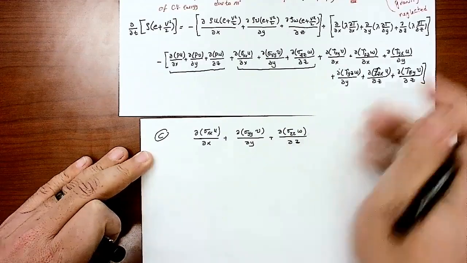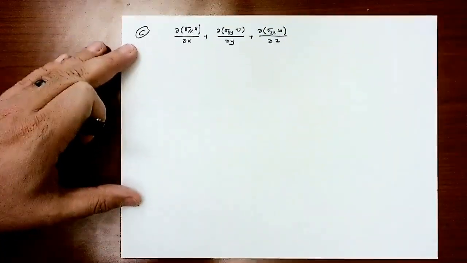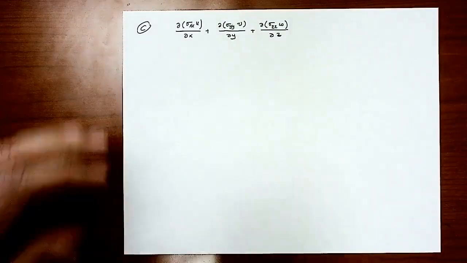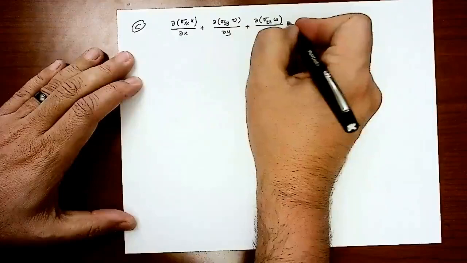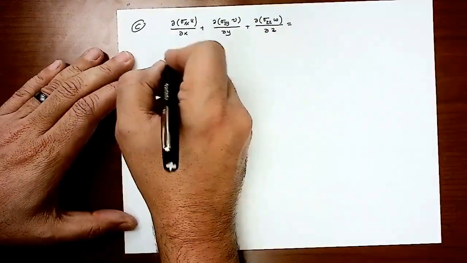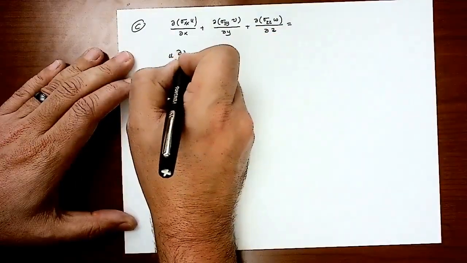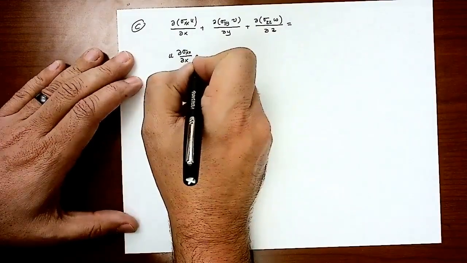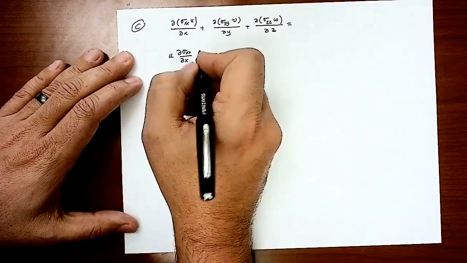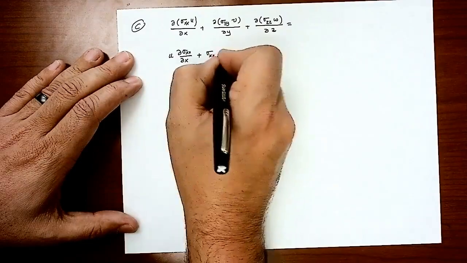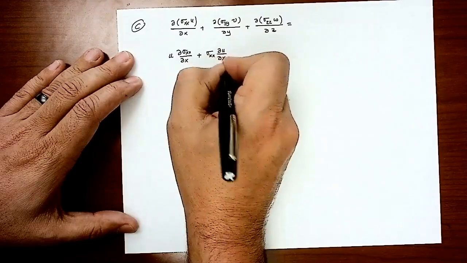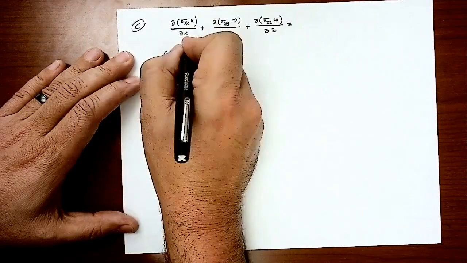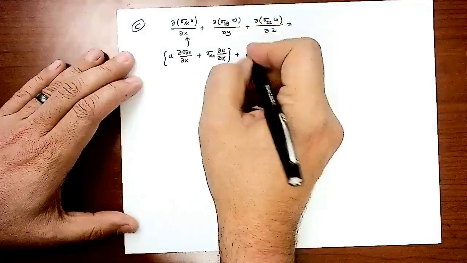So again, remember, this is the multiplication rule. If you want to make the differentiation here, you're going to break down into the following. So this term will be u partial sigma x by partial x plus sigma x partial u by partial x. So we break down that term into 2 terms here. Do the same here.